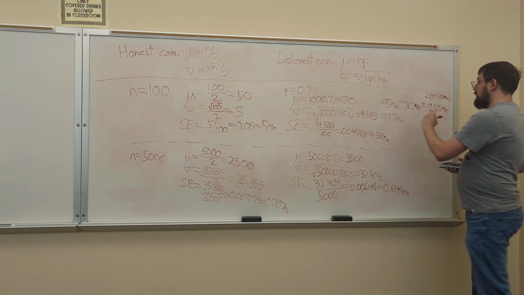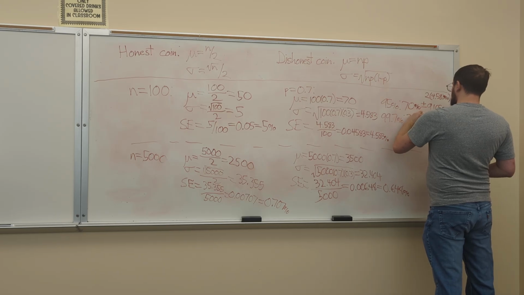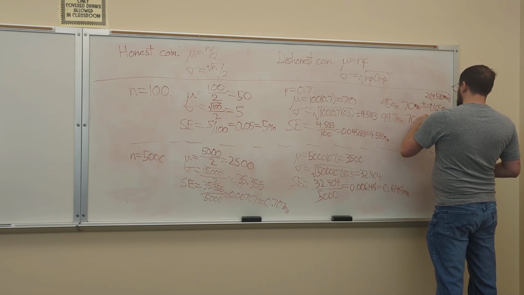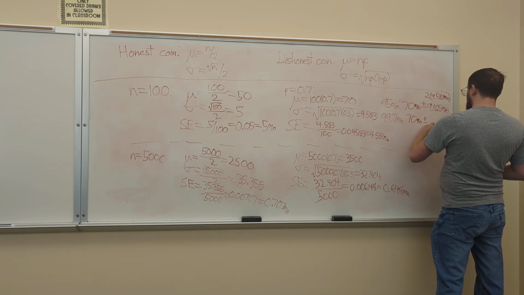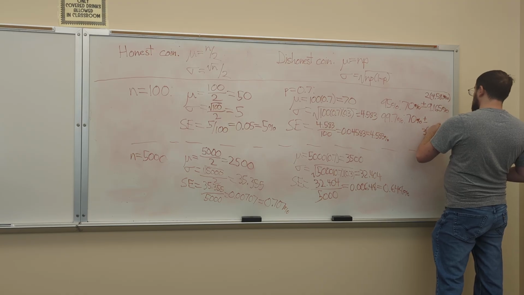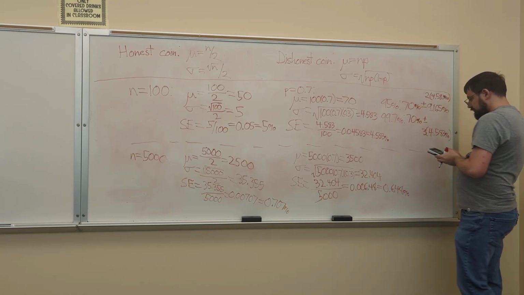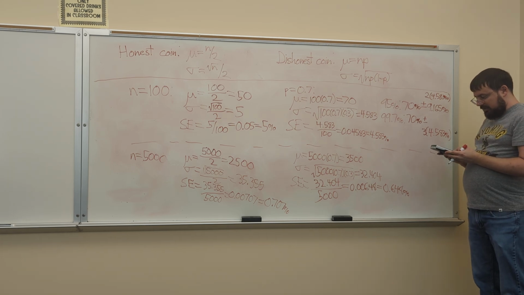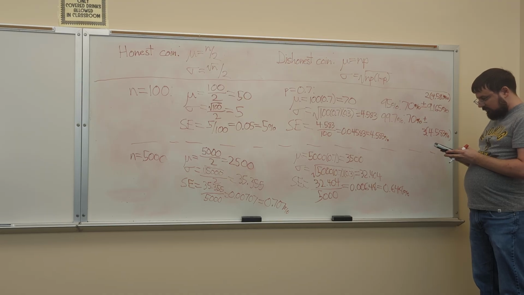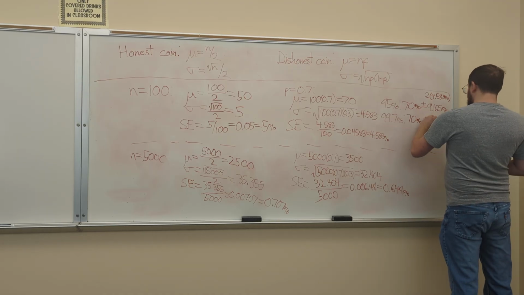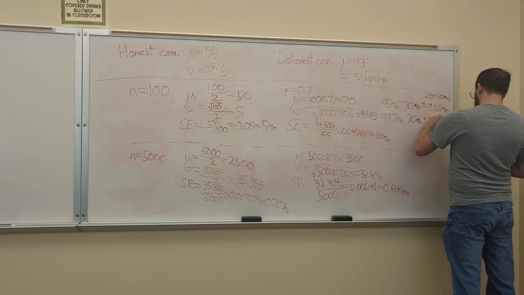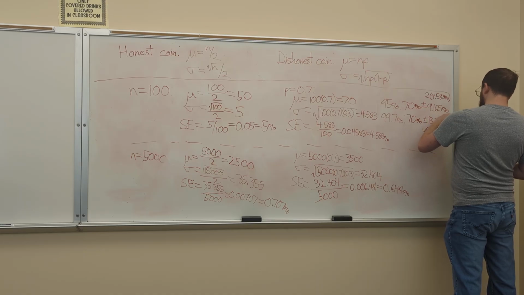For the 99.7% confidence interval, we're going to do the exact same thing, except that we're going to do plus or minus 3 times our standard error. Which in this case would be 13.748%.